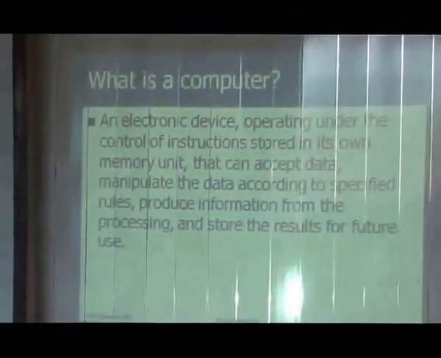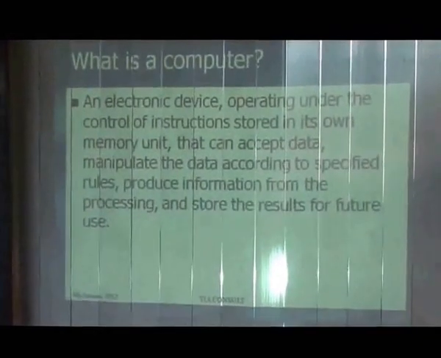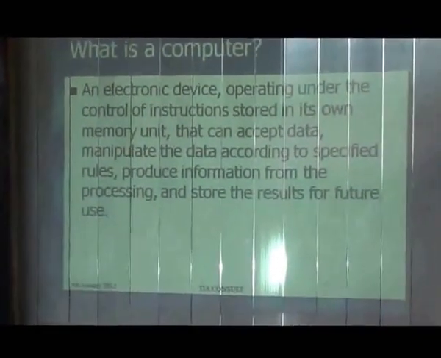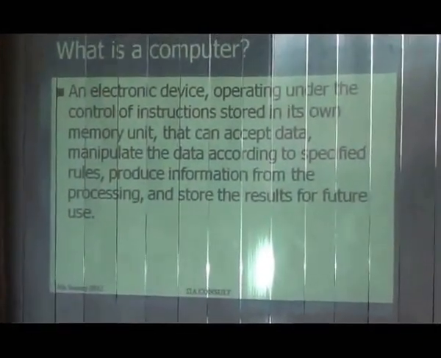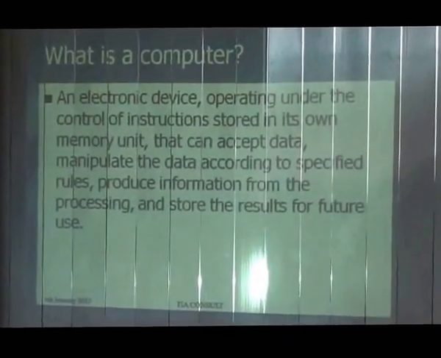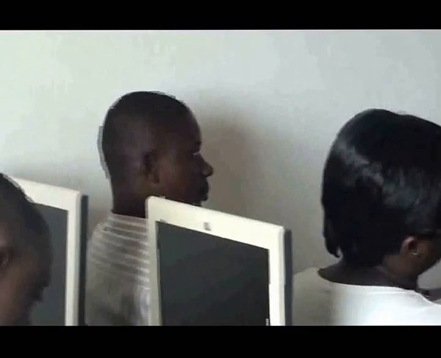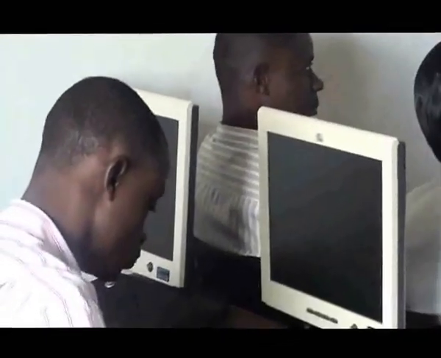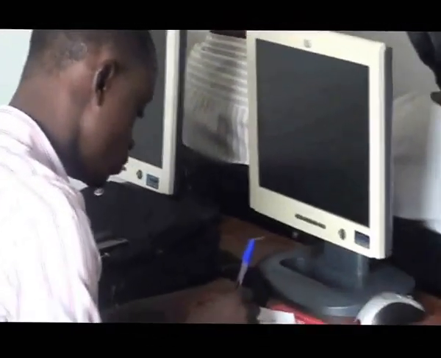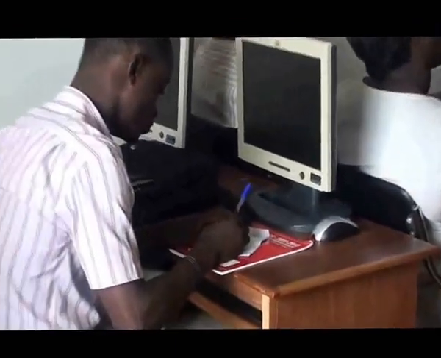Okay. The first thing we want to look at is what a computer is. What is a computer? Now, I want to tell you what I know a computer is, then I want to know what you think a computer is. I think that a computer is an electronic device that accepts data in the form of inputs.